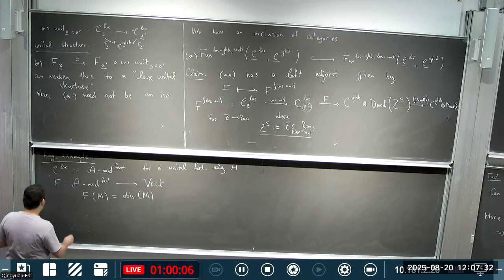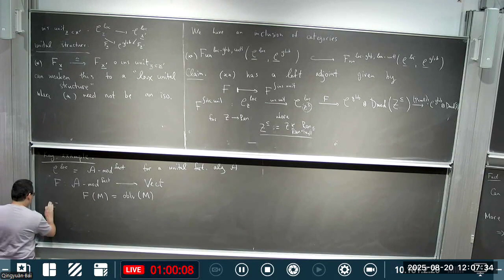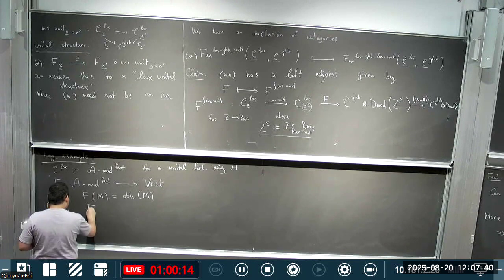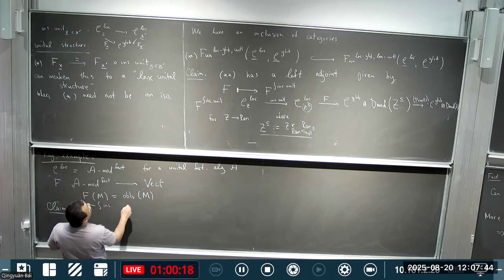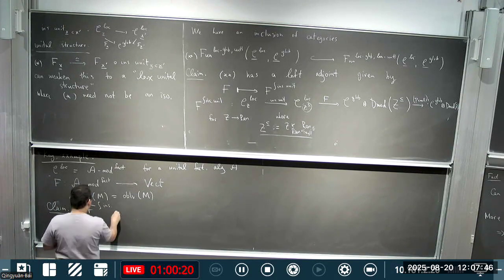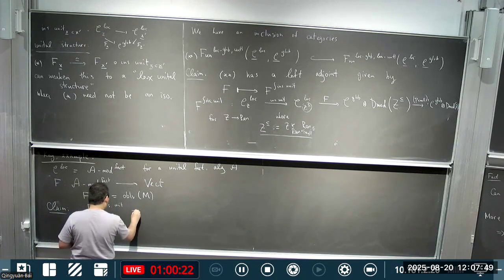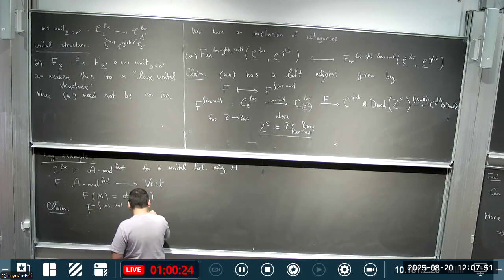And so, I don't know, let me say it as a claim: if I do this integrated insertion of unit, this produces the functor of factorization homology.